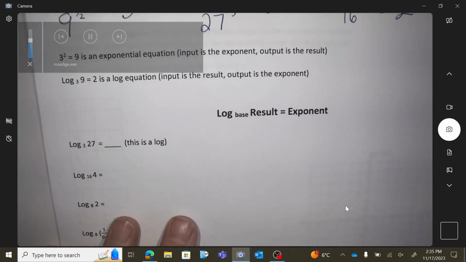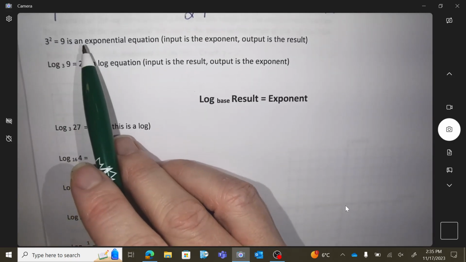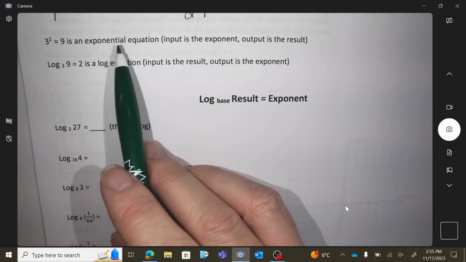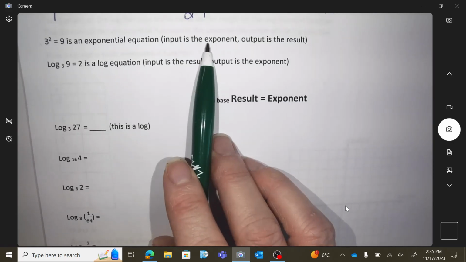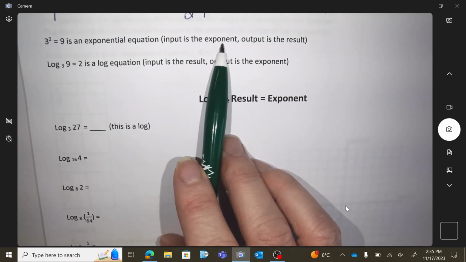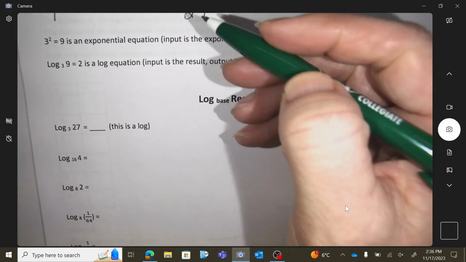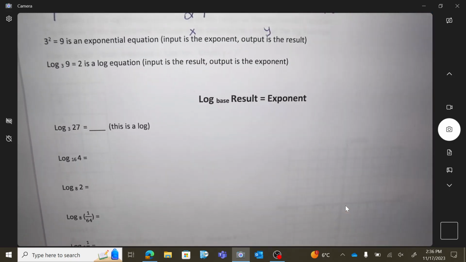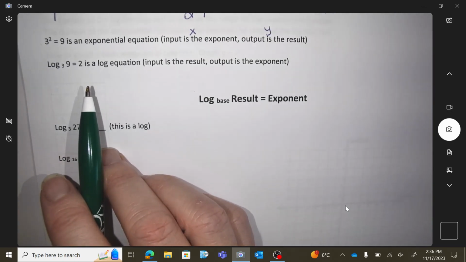Okay, so now 3 squared equals 9. We've been doing this kind of stuff a long time. It's an exponential equation, right? So we think about inputting the exponent. So if the exponent was 2, then the result is 9. That's kind of like an x and a y, right? We usually input x and we get out y. We've been doing that our whole math career. Logs switch everything around.